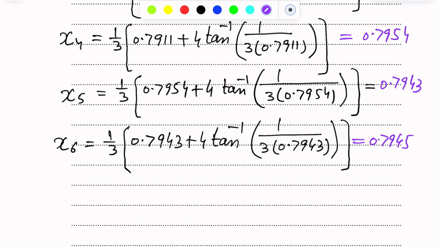So converging is taking place here. So the final iteration is the answer. Correct to two decimal places, we can say that the final value of the approximated root is alpha is equal to 0.79.